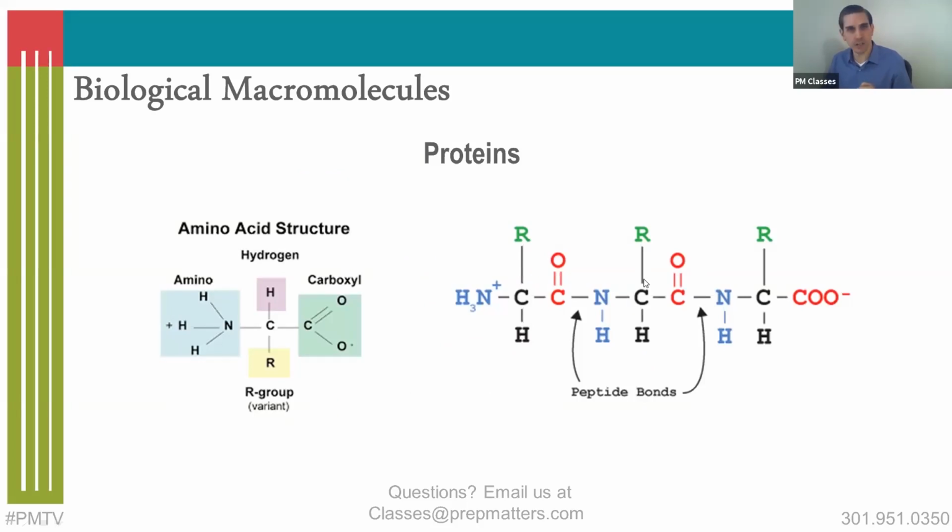And my scroll wheel keeps getting away from me. But I want to talk about proteins now. So proteins, general structure. They are made up of a chain of amino acids. This is an amino group. Again, don't really need to know the names of these groups, but if you recognize this, a lot of the AMs go with nitrogen with hydrogen. So ammonium, NH4+, ammonia, NH3 without the charge.